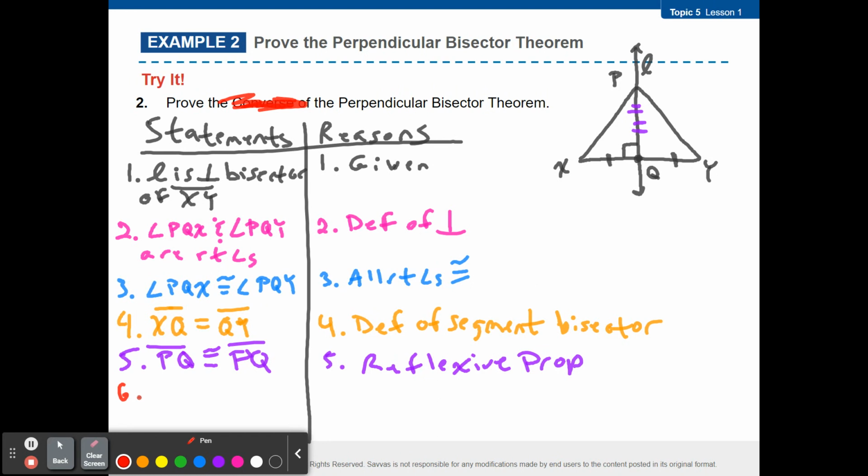So how are these two triangles congruent? Who remembers? Yep. So we're going to say triangle XPQ is congruent to triangle YPQ by side angle side.